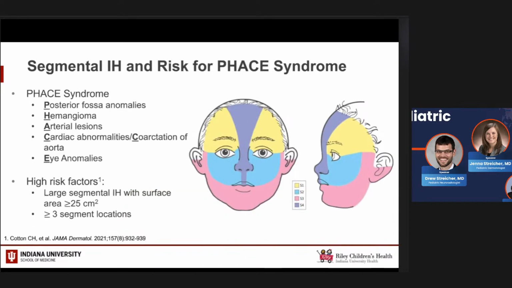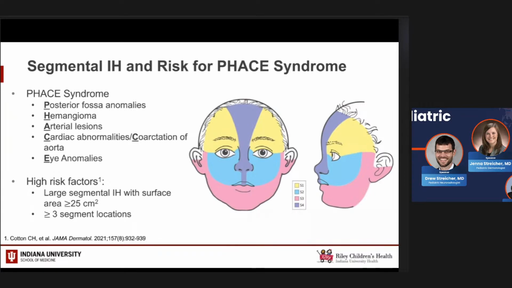So PHACE syndrome, there are these segments that we talk about. You can see this picture on the right. There's 4 different segments of the face. This is different than what we think about or used to talk about with like V1, V2, V3 that you may have learned in medical school when people used to be talking about Sturge-Weber syndrome. So segments are these embryologic formations that happen when babies are born and are associated with the risk for PHACE syndrome.